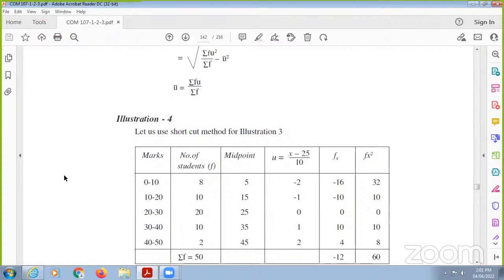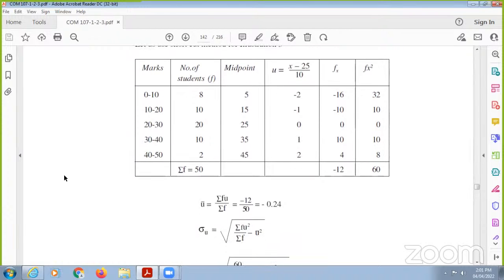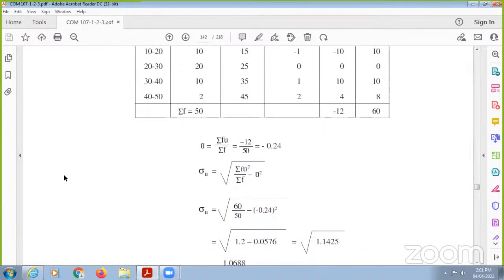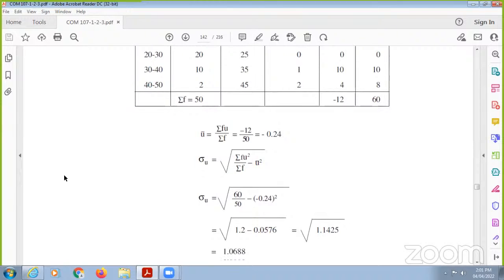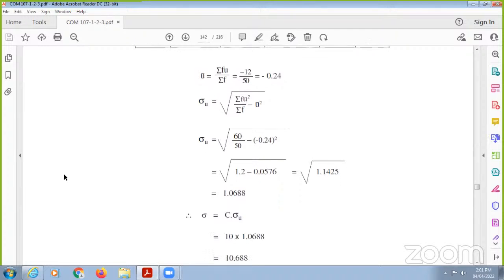The last column is the multiplication of the fifth column and fourth column. Here minus 16 multiplied by minus 2, 32. Then minus 10 multiplied by minus 1, 10; 0 into 0, 0; 10 into 1, 10; and 4 into 2, 8. The total of this is 60. Now the answer for this is also 10.688 here. We shall stop here.